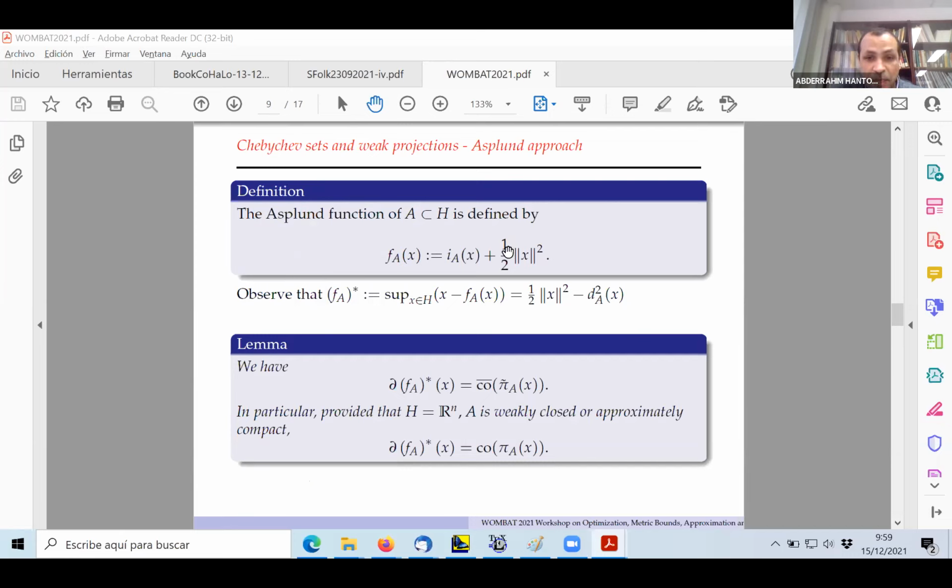To be in a Hilbert space, we can have the explicit formula of the conjugate of this function. This is the unique point where we use Hilbert. Of course, I suppose this can be extended to more general contexts, and actually the problem of Chebyshev sets is even extended to a very large family of Banach spaces, uniformly convex and all this. But you are right, Alex, there are many things to do.